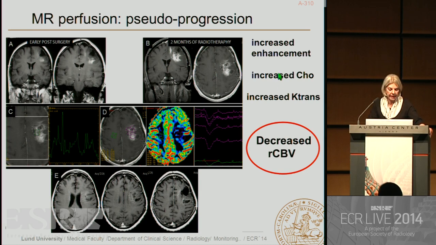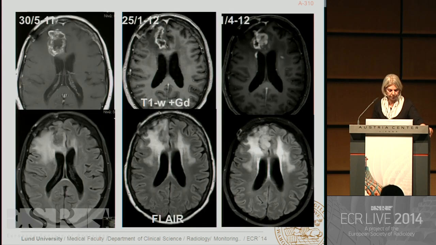You will see an increase in the choline peak, but that is mainly just due to changes in the myelinization, where there's a breakdown of some of the cells. And you have also an increase in the K-trans. But in pseudo-progression, you would have a decrease of the cerebral blood volume in the region compared to a true progression, where you will see an increase in the cerebral blood volume in the progressing tumor.